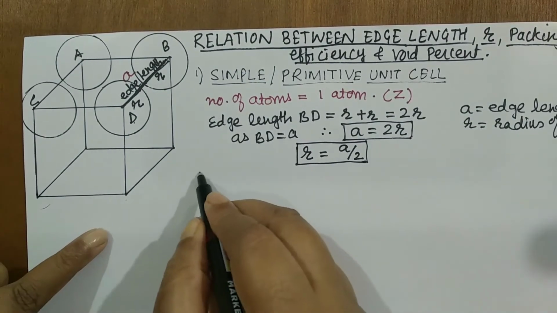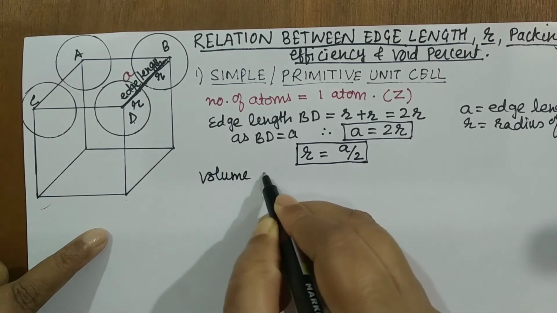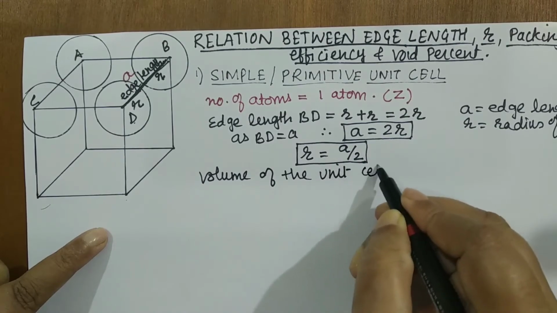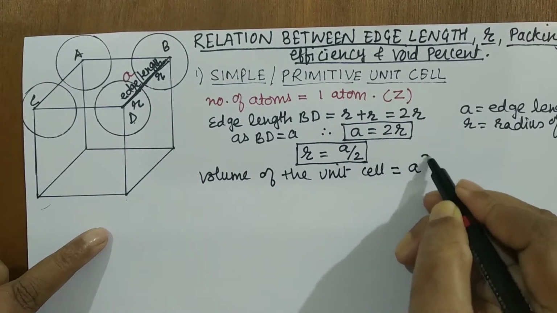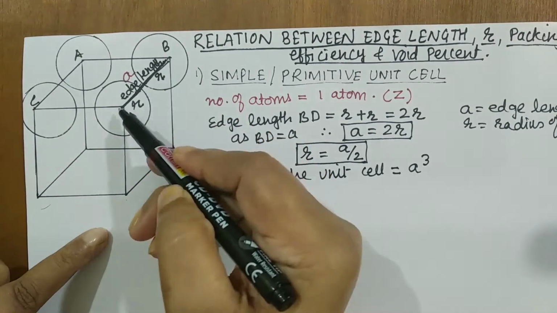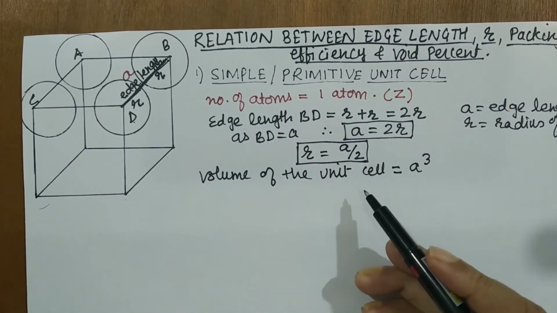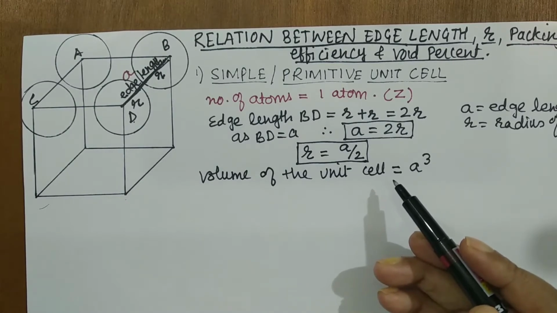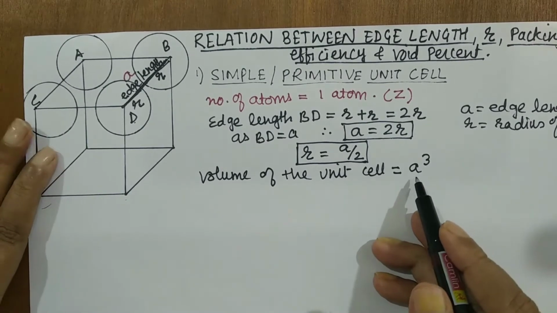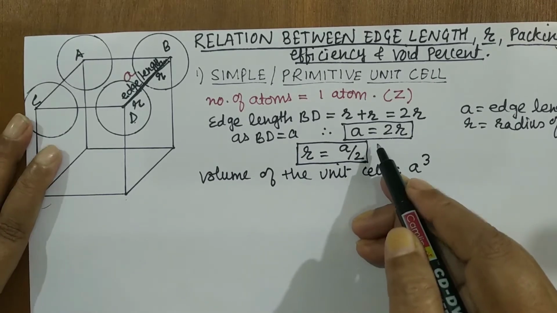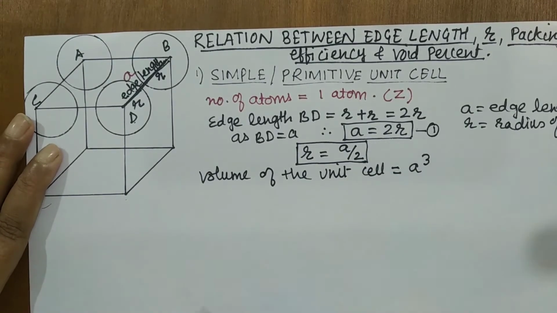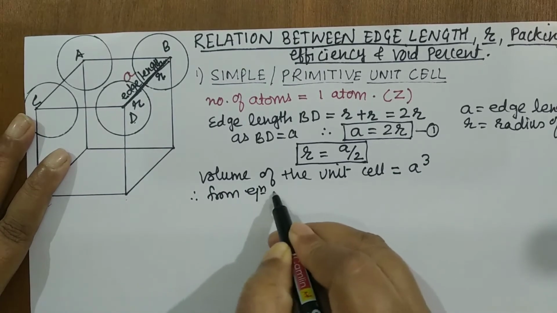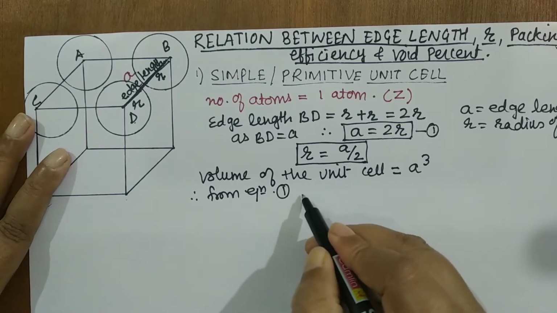Now you know that the volume of the unit cell is equal to a cube. Because if this is the edge length, then what will be the volume, student? Volume is equal to side cube and therefore I will write it as a cube. Now what is a equal to? a is equal to 2R. So I'll mark this as equation 1. Therefore from equation 1, what will be the volume?